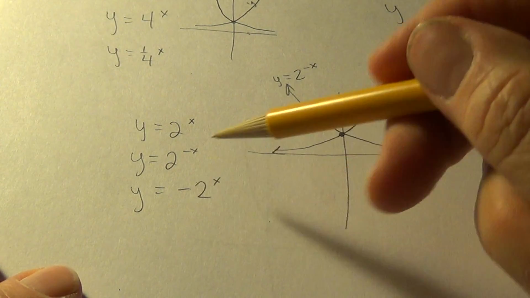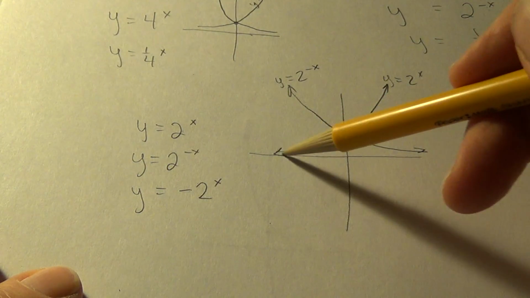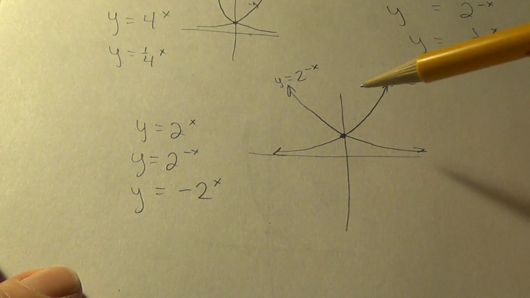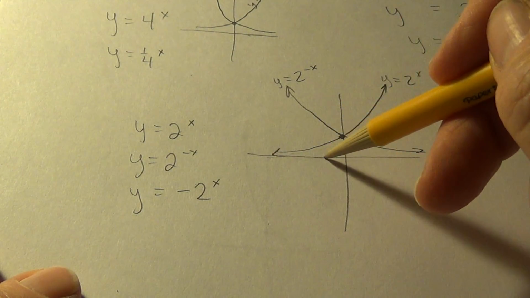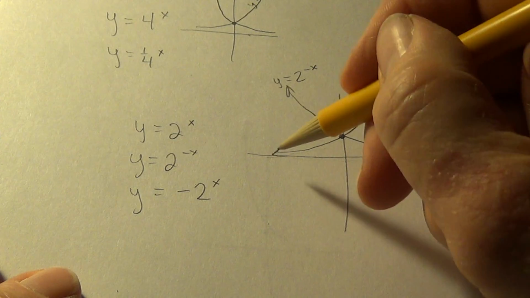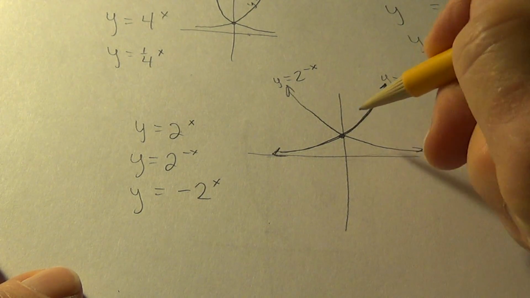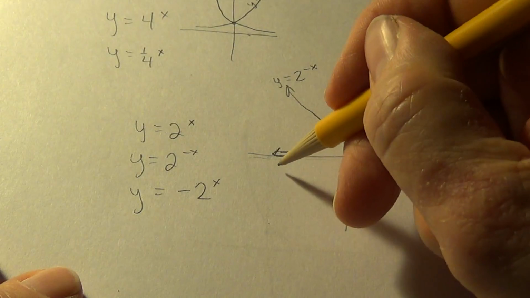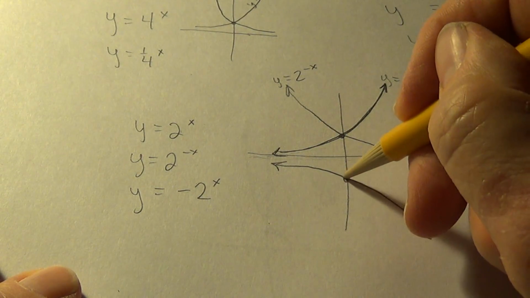When the minus is outside of this one, it will invert everything over the x-axis. So whatever was positive will become negative. So I'm going to take this one and I'm going to flip it along this line. So like if I was going to make this in charcoal and fold it on this line, it would imprint like this below.